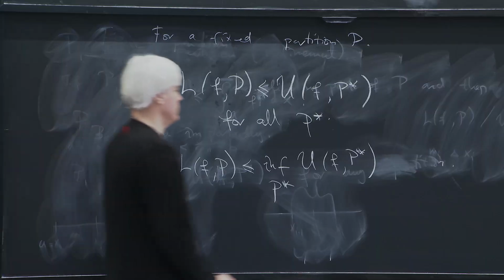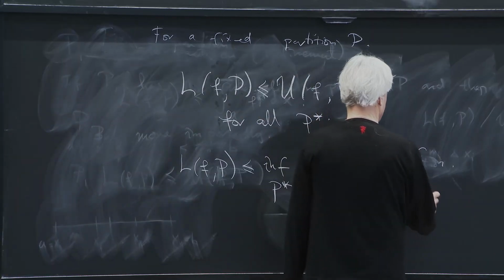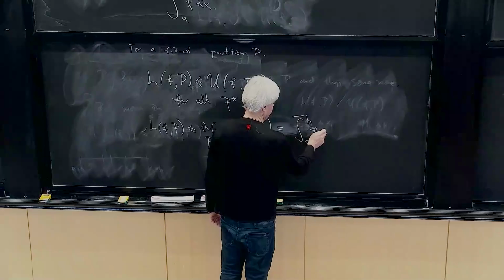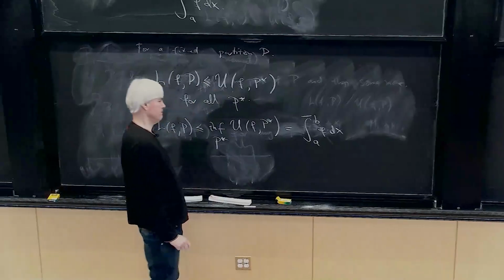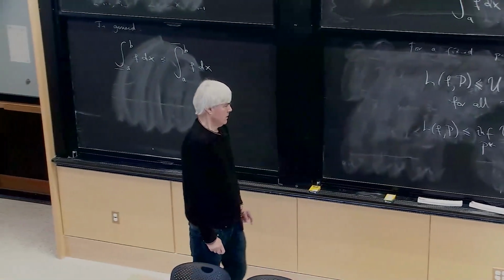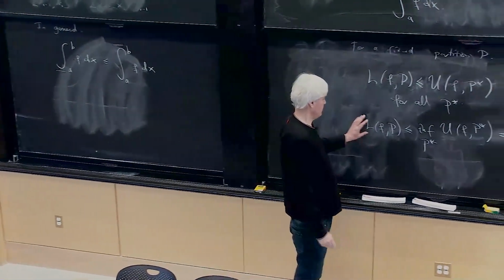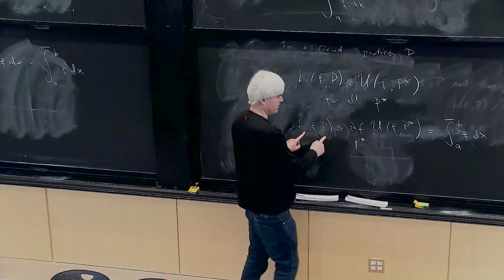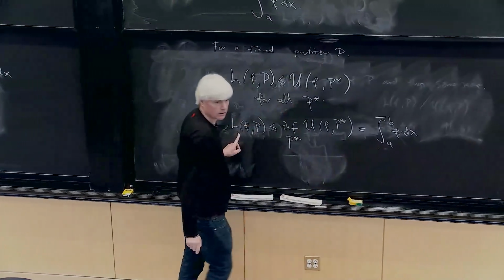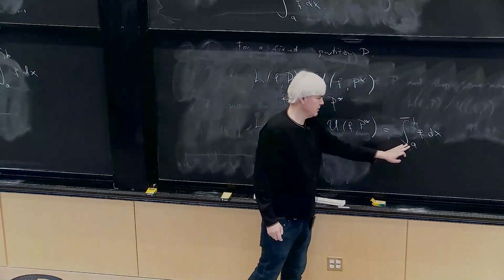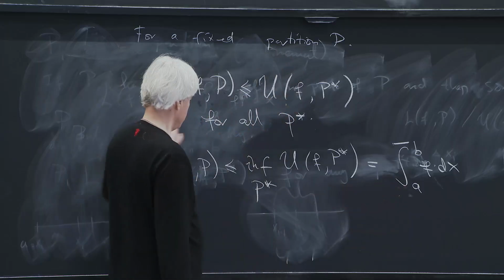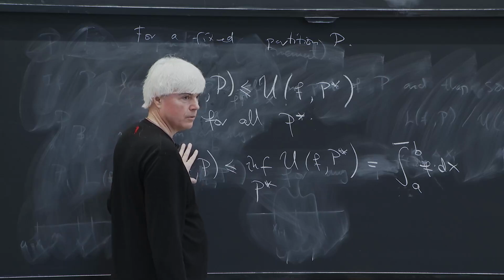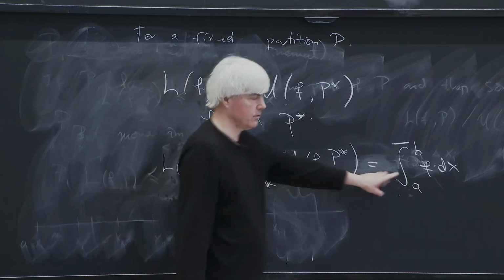But that here is by definition the upper Riemann integral. But this is for each P, so now you forget about the P star. You have that this thing here is less than that number. So this means that this number here is an upper bound for this whole family. So the sup, the smallest upper bound, must be less than that.